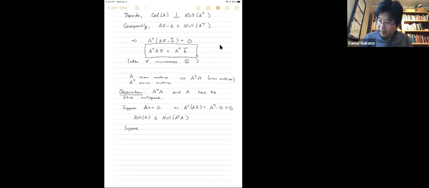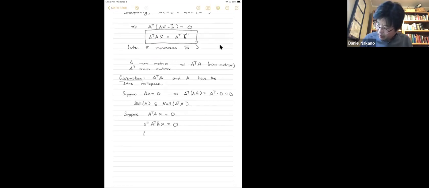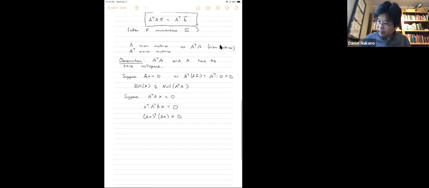suppose that I have something in the null space of A transpose A, right? Therefore, if I take X transpose A transpose A times X, that's also going to be equal to 0. But this is the same as AX transpose AX equals 0, and this is just the dot product.